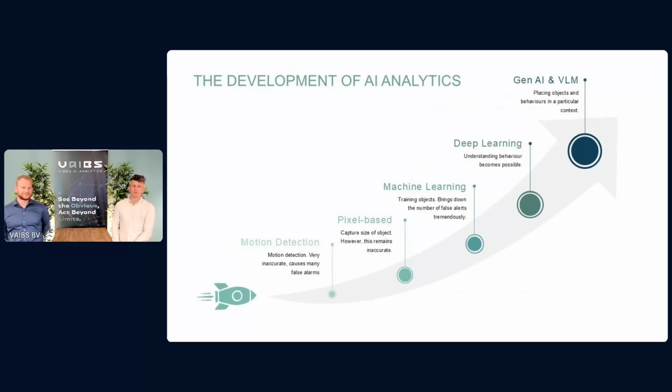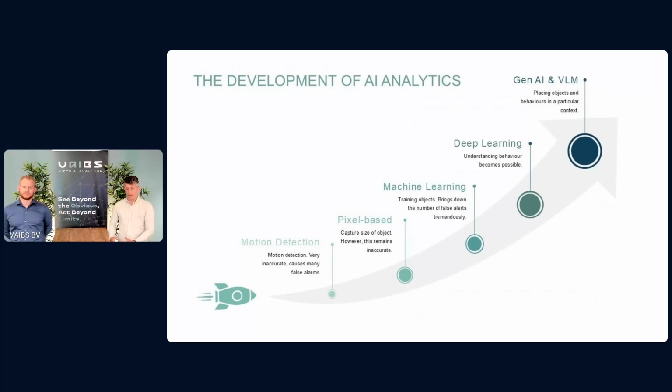And that was the point where we could see that the number of false alerts was falling tremendously. But it's still not 100%, and you still need the imagery to teach the software if it has to detect or trigger an alert.